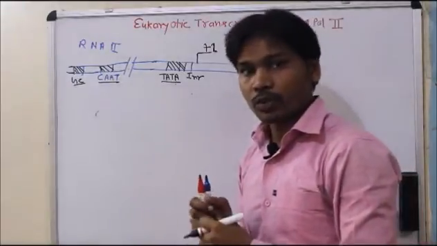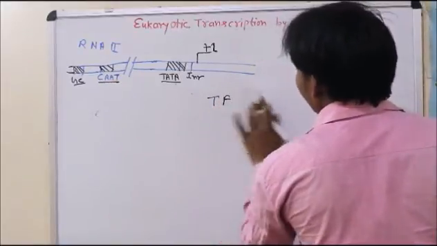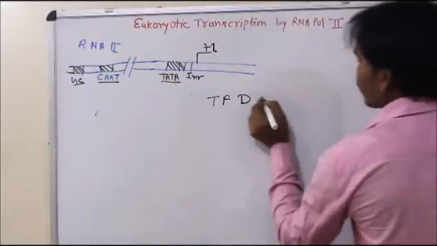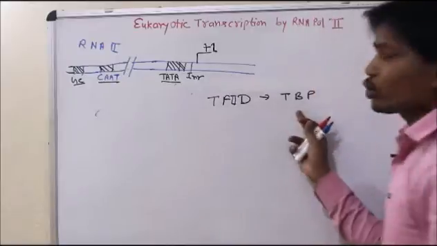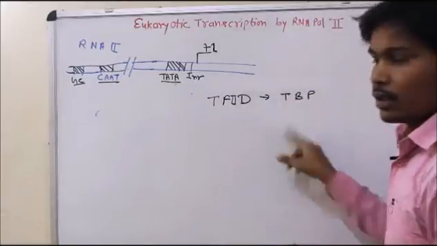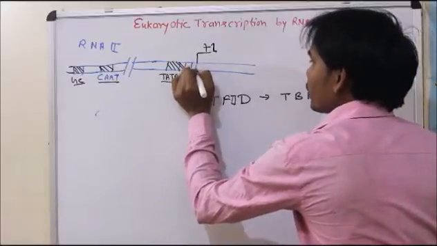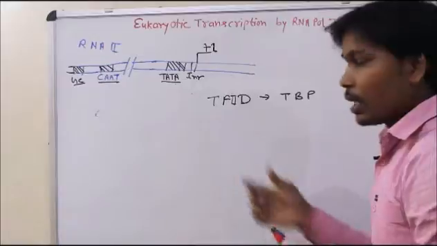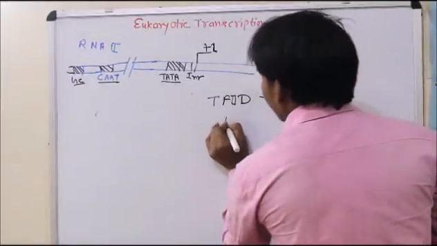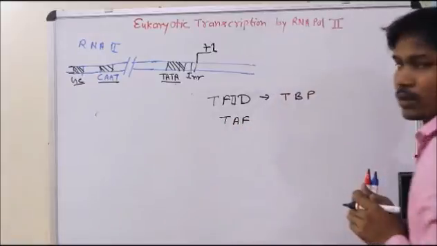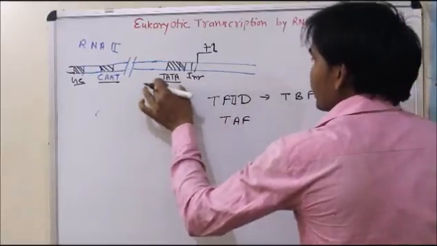Trans-acting factors are involved in the recruitment of RNA polymerase II. The most important is transcription factor IID, also called TATA binding protein. It binds to the initiator sequences and the TATA box, and it is multi-subunit, nearly 12 subunits, called transcription associated factors, TAF. Transcription factor IID binds to the initiator sequences and TATA box.